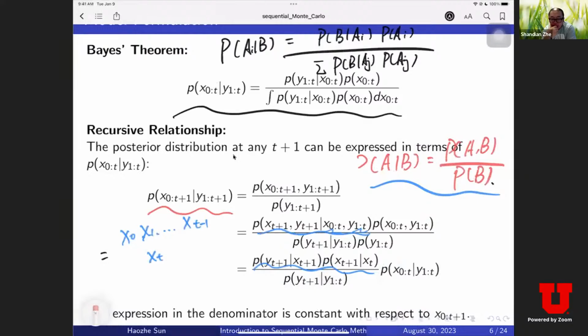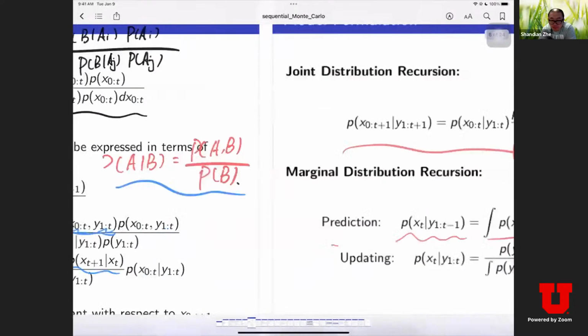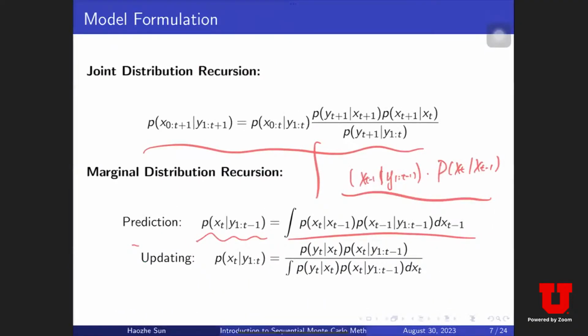Okay, so this one can be reduced to the conditional probability of xt plus 1 given xt times yt plus 1 given xt plus 1. Sorry, I'm just stating the results. Okay. All right. And we can.